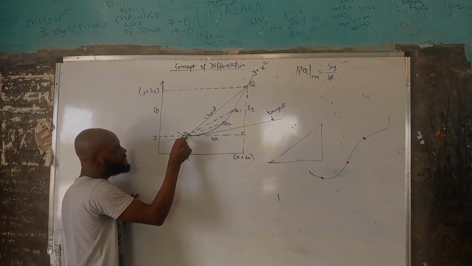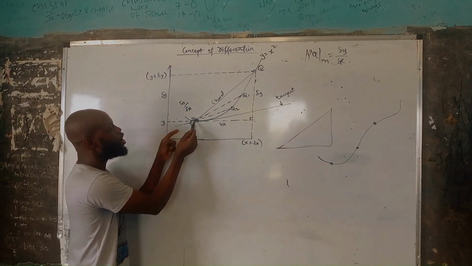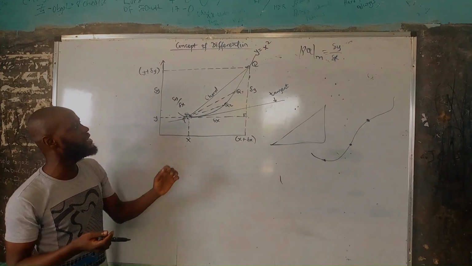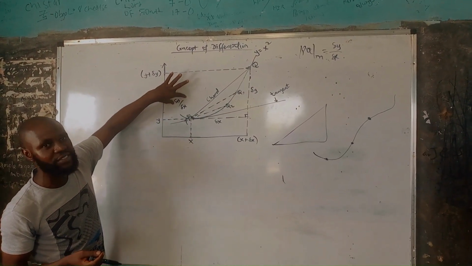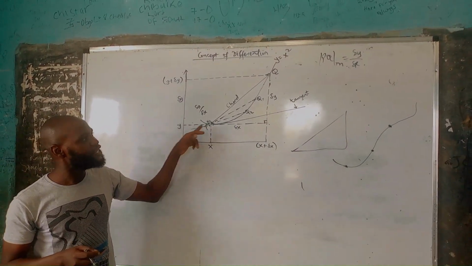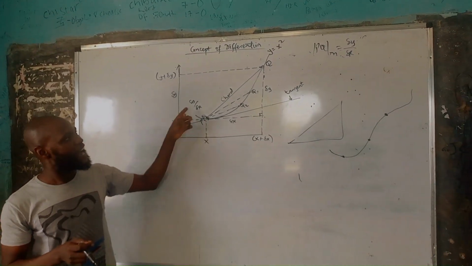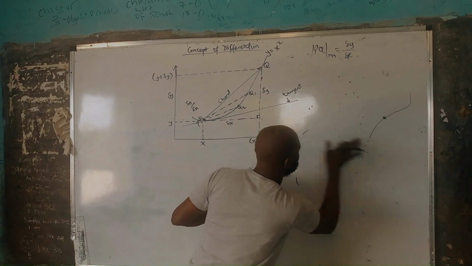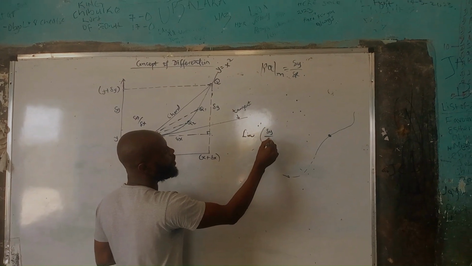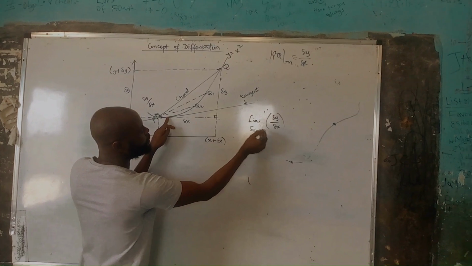So delta y over delta x, this gradient, is approaching a limiting value. The value of delta y over delta x cannot go beyond this point. So if we move the point closer, this delta y over delta x itself will approach a certain limit. That limit is called dy/dx, and dy/dx can be written as the limiting value of delta y over delta x as delta x approaches 0.